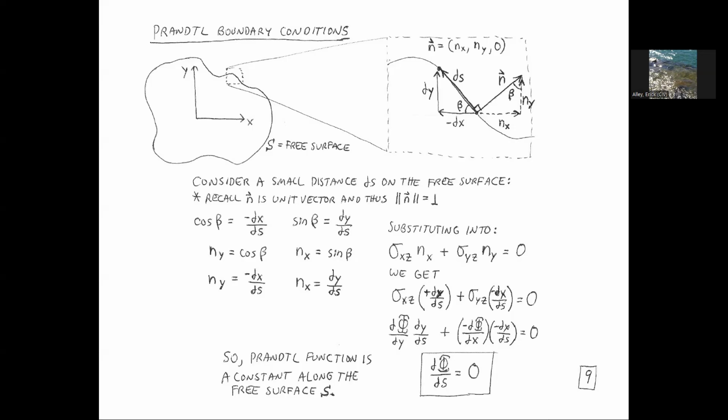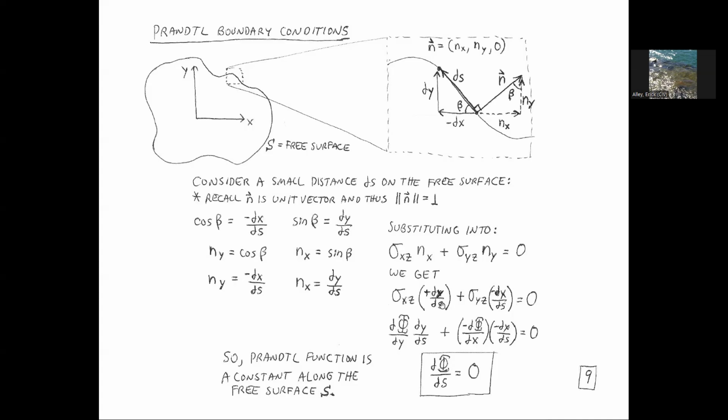And we also have cosine and sine in terms of the surface directions. So we substitute those in there. And now we've got something to plug in for nx and ny that takes us around the path instead of pointing out. So nx was equal to minus dx ds, or ny is minus dx ds, and nx was going to be plus dy ds.